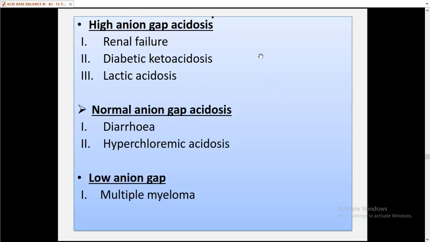There are certain causes that lead to high anion gap acidosis: renal failure, diabetic ketoacidosis, and lactic acidosis. Certain causes lead to normal anion gap acidosis. These are diarrhea and hyperchloremic acidosis, while certain conditions can lead to low anion gap acidosis. This is multiple myeloma.